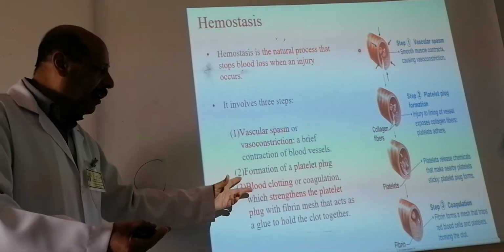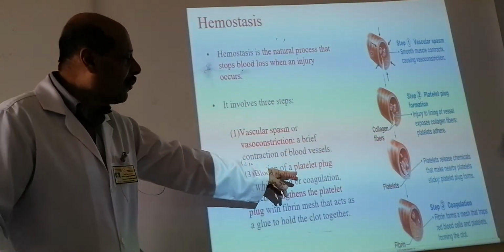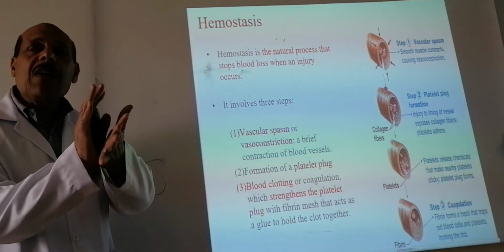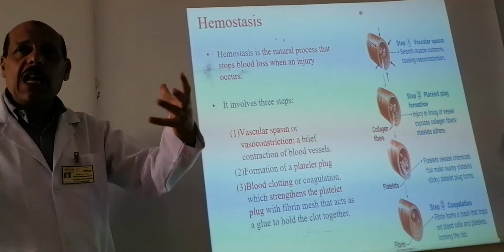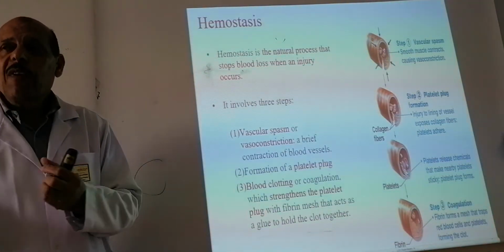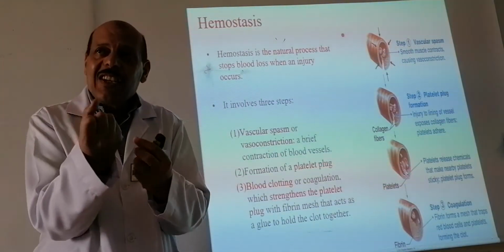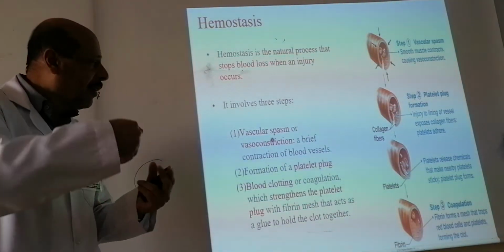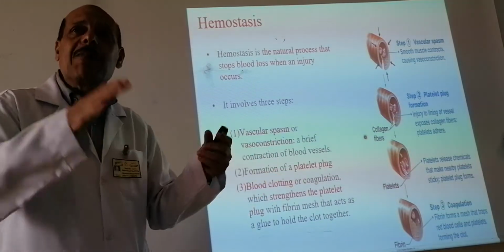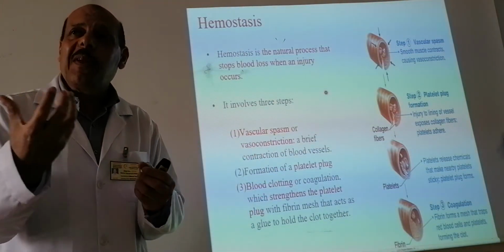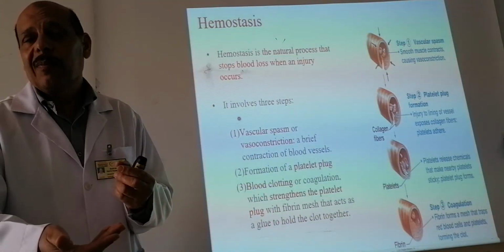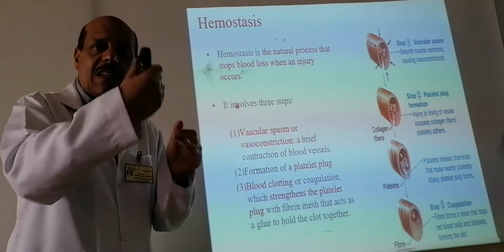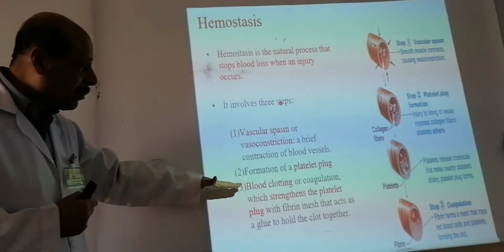The second thing is formation of a platelet plug that will cover that opening. With vasoconstriction, the blood flow at the injured site will be less, and the platelet plug will be easily formed and coat that open site of the wound.